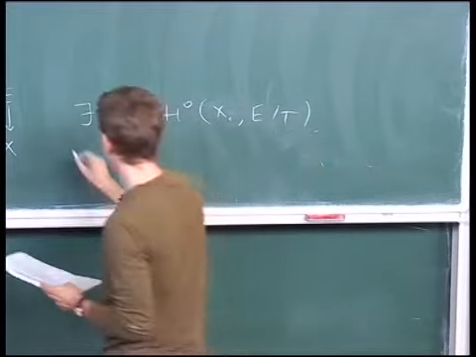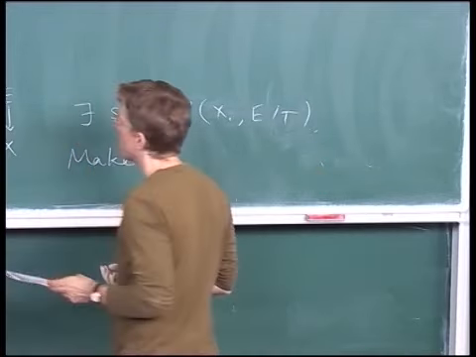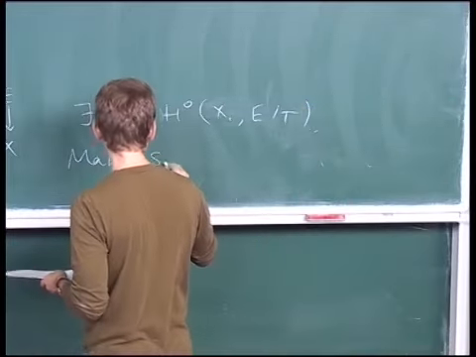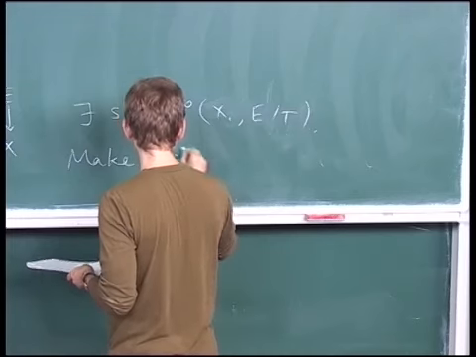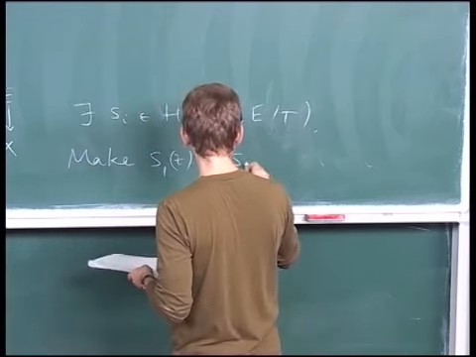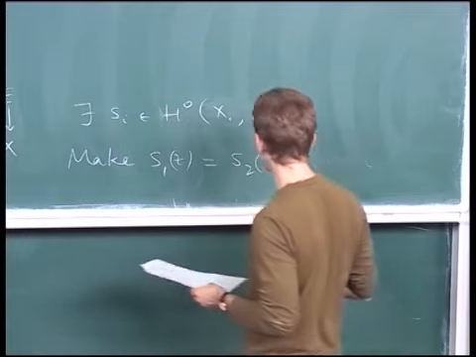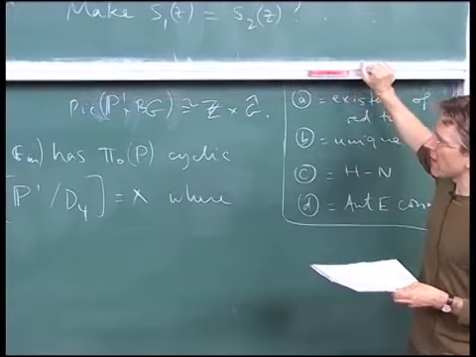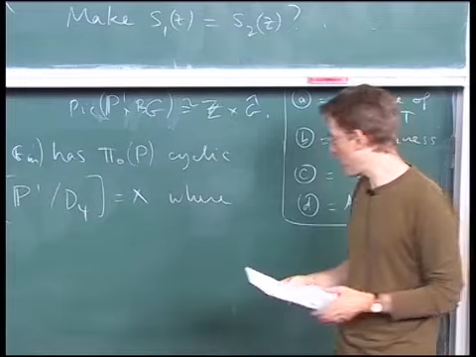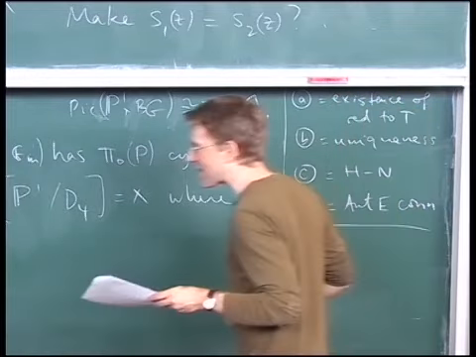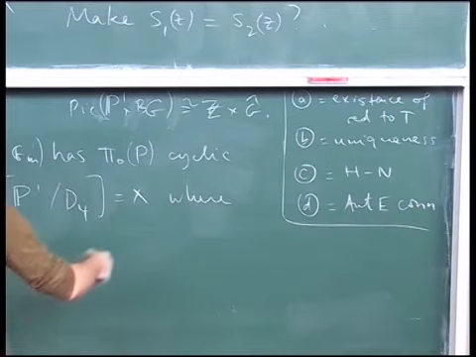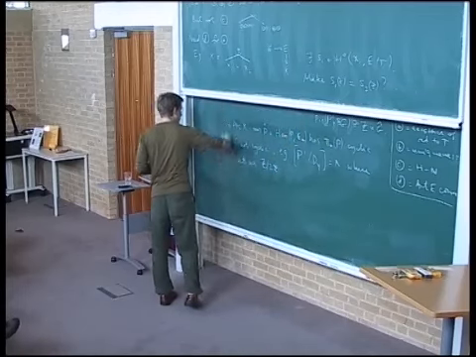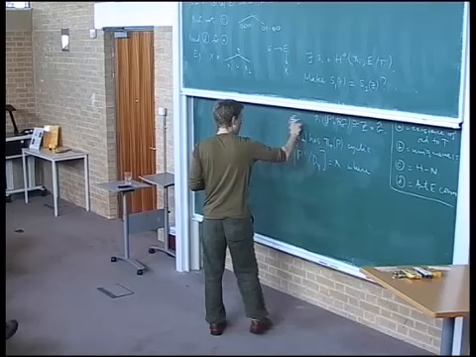Of course, if I choose them randomly, they won't agree on the node. Can I force S1 at Z to equal S2 at Z? By force, I mean that I have the group acting, the automorphisms of V and the Weyl group. And that's exactly what I need to be assured that I can bring these two sections into agreement.